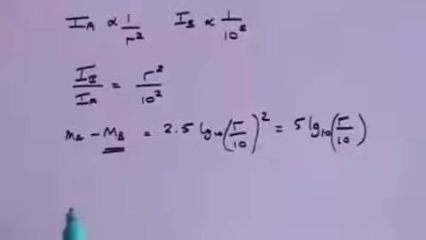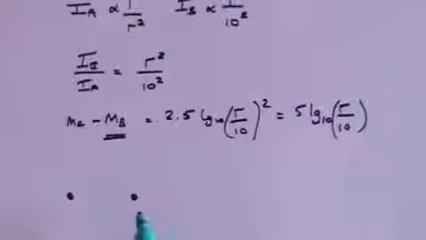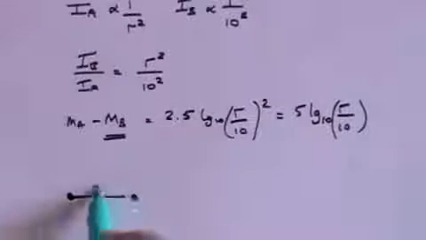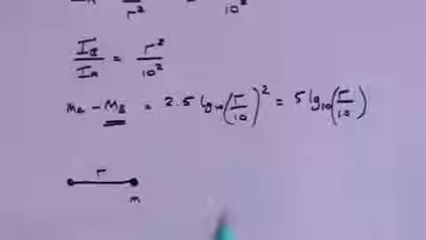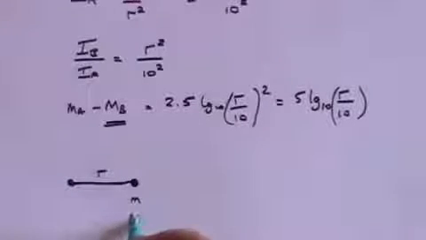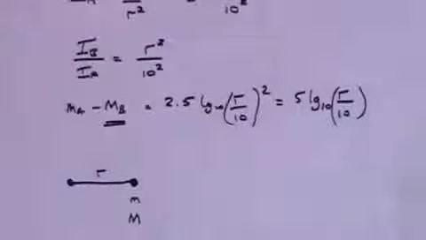So that means that if this is the Earth and this is a relatively nearby so-called standard candle star, you can calculate the distance r by the method of parallax. You know what the apparent magnitude is, and you can therefore deduce from that what the absolute magnitude would be.